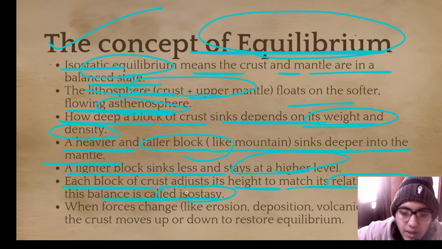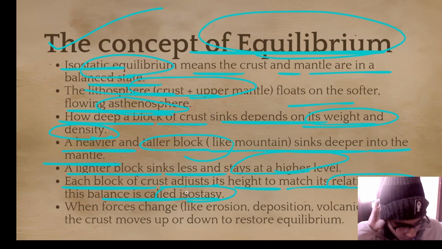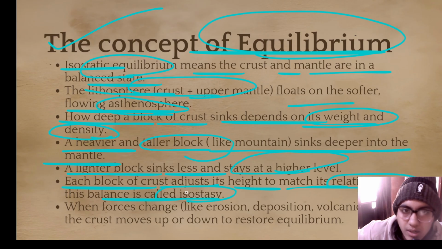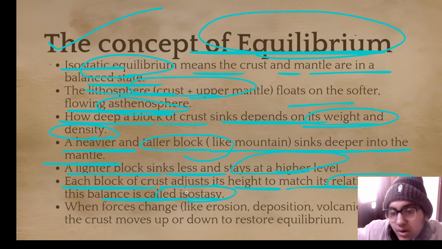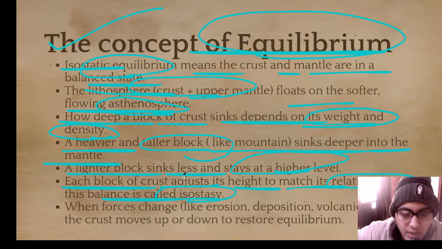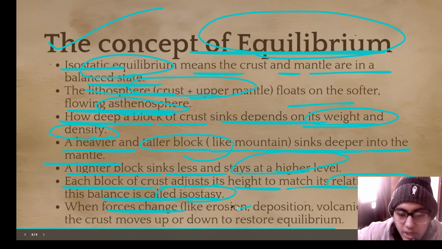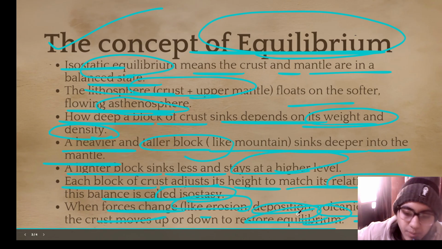And if you have a lighter surface and no mountains, at that point the crust will be flat. So according to their density or weight, they adjust themselves, and this adjustment and balancing is called isostasy. When forces change, like erosion, deposition, volcanic activity, the crust moves up and down to restore equilibrium.